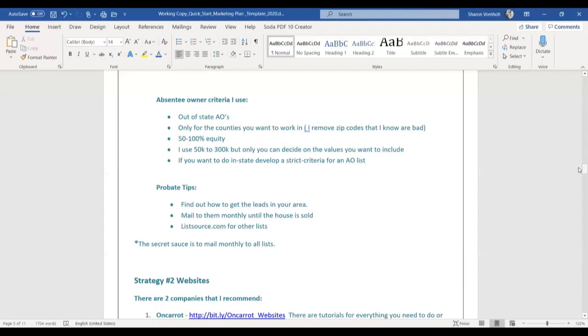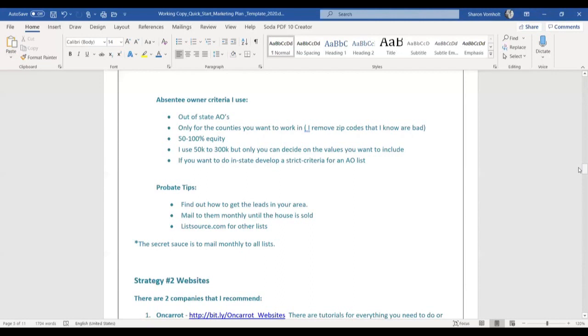So you have to decide what you want, but set a filter to filter out things that are too cheap because they're going to be in bad areas, or things that are too expensive. You want to develop really strict criteria for absentee owners so that you don't waste a lot of money on direct mail. You only want to go after properties that fit your criteria.